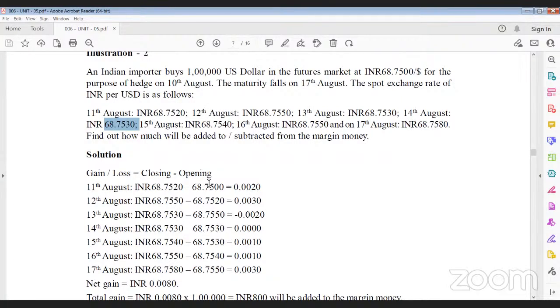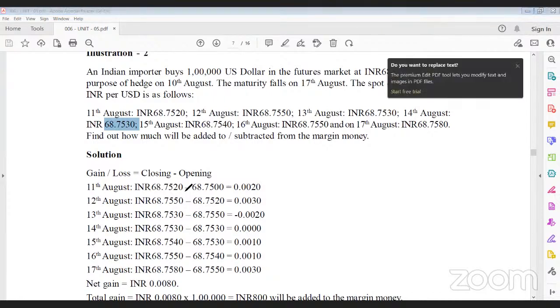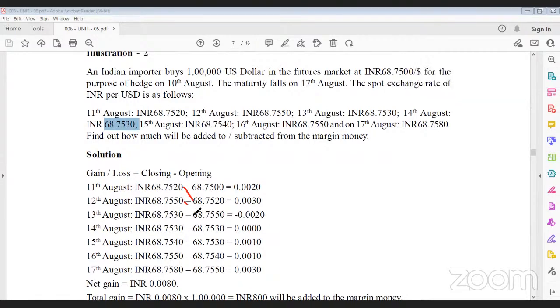Always remember, the opening rate will be the previous day's closing. So here you can see, if 68.7520 on 11th is the closing, it is the opening of 12th. In the same way, 68.7550, and so on and so forth, you can see.